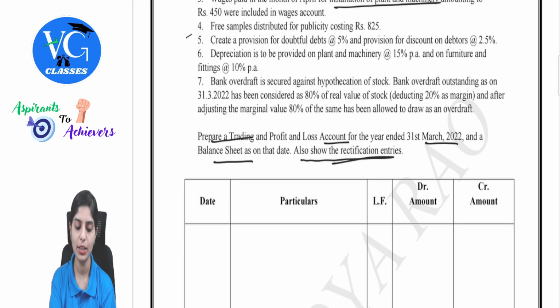Bank overdraft is secured against hypothecation of stock. Bank overdraft outstanding is considered as 80% of the real value of stock, deducting 20% as margin, and after adjusting the marginal value, 80% of the same has been allowed to draw as an overdraft.